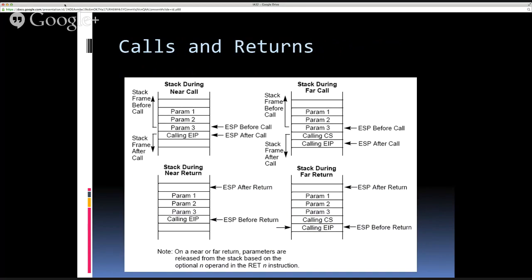Here you see the stack in the near case has the parameters and calling EIP, and in the far call you have the parameters, then the code segment and calling EIP. And you also see down here what the stack looks like for the near and far return.